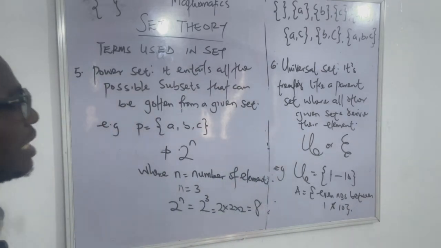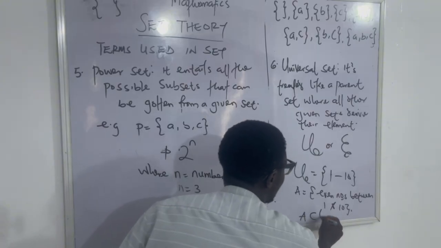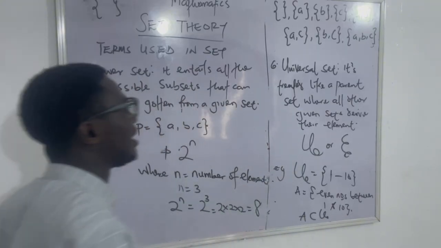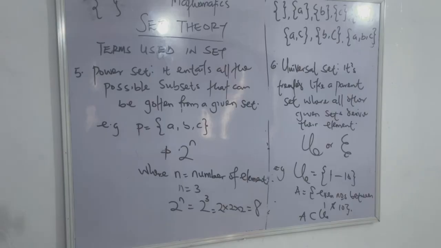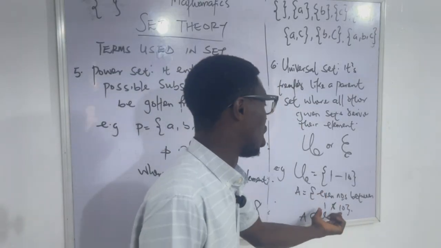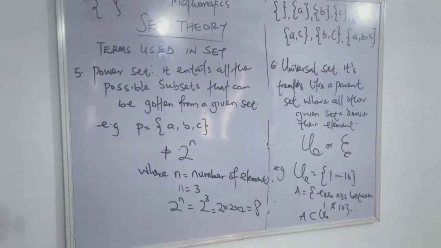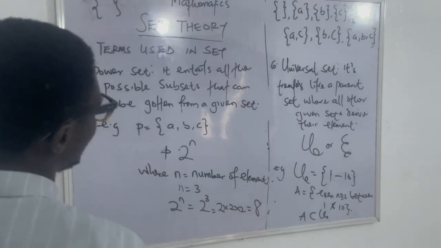Now, you can say that set A is a subset of the universal set, because all the elements in A you can find in the universal set.